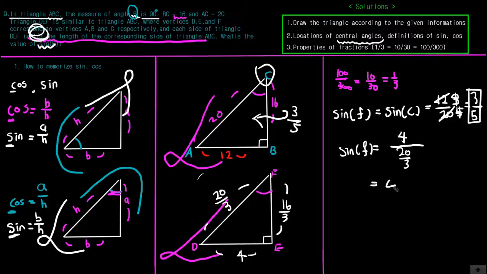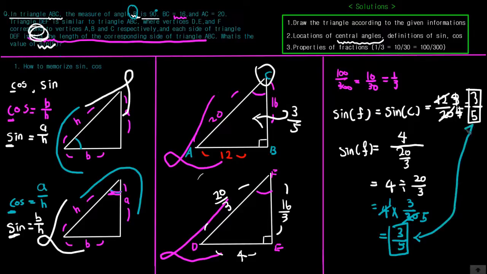It is the same thing as 4 divided by 20 over 3. We can take the reciprocal in order to turn it into a multiplication, which will be 4 times 3 over 20. 4 and 20 cancel out to 5 and we get 3 over 5, which is exactly the same answer as our original one.